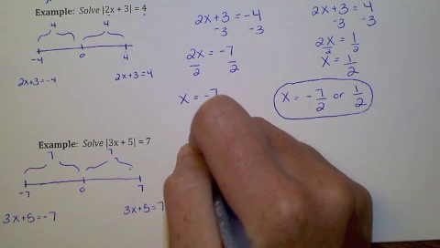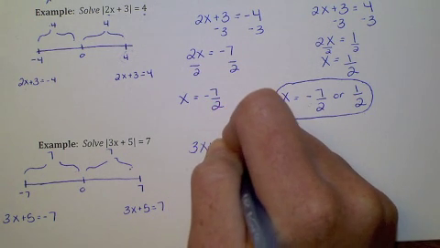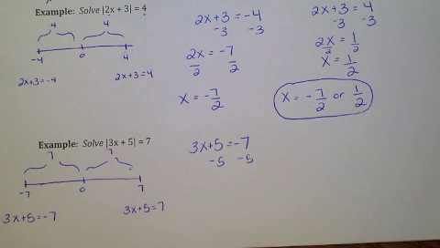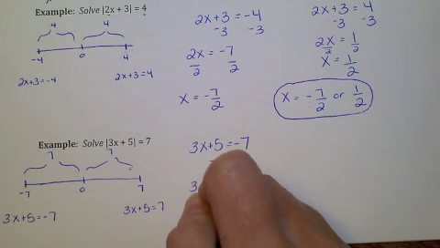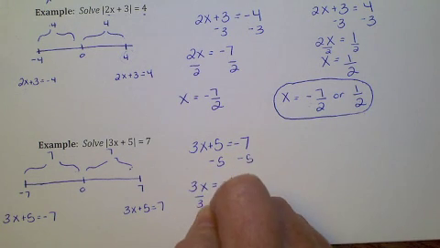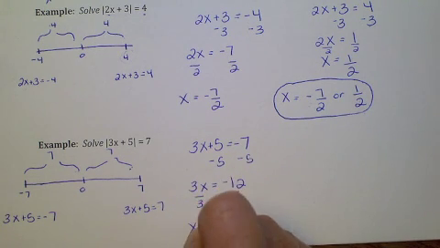That helps me set up my two cases. So subtract 5, divide by 3, so x could equal -4.